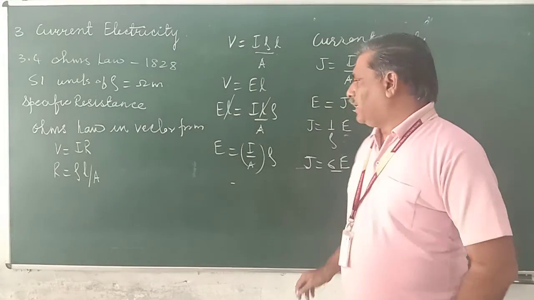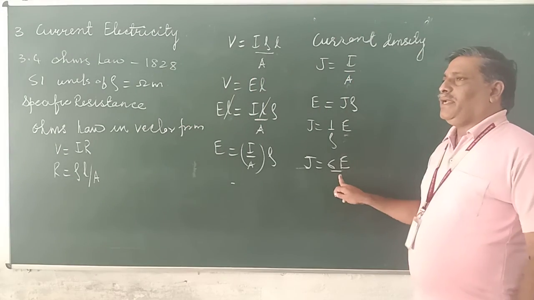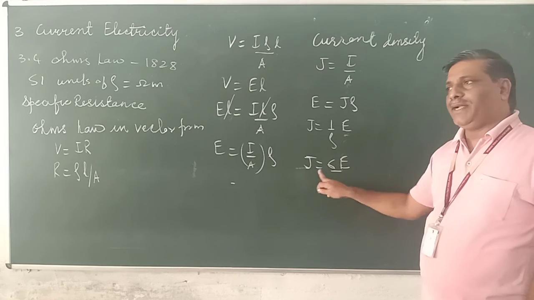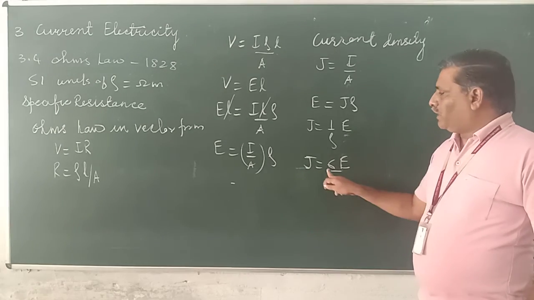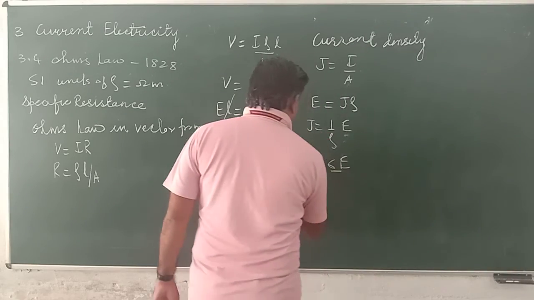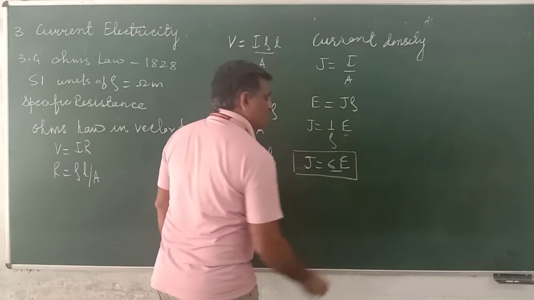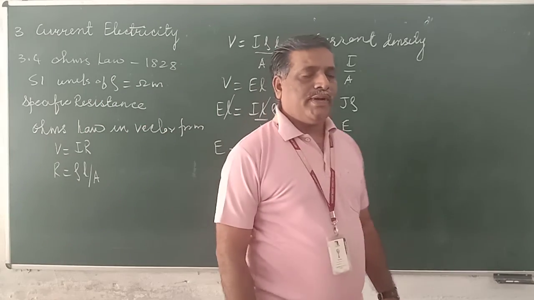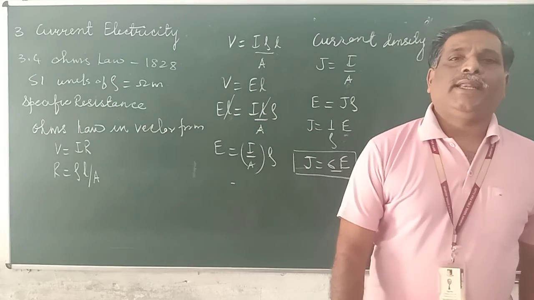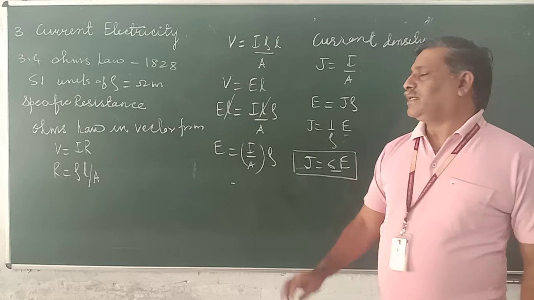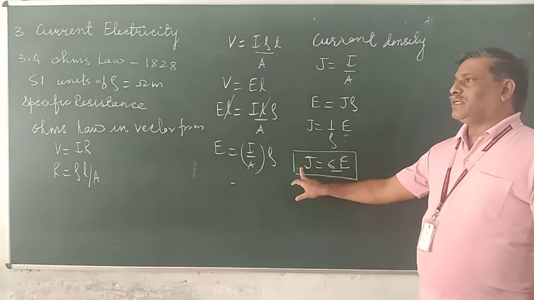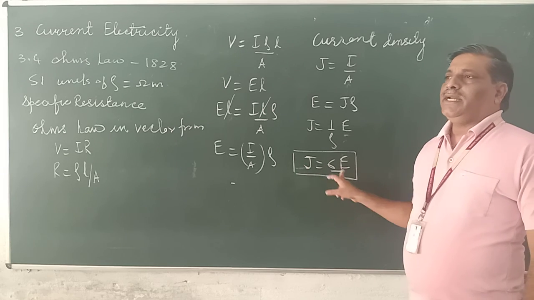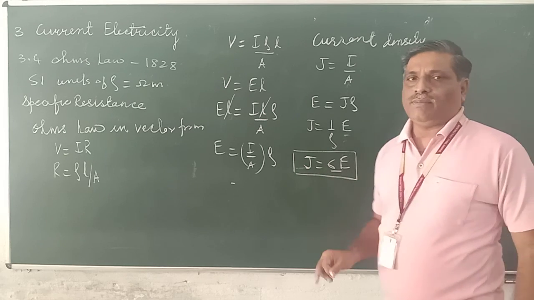Current density is conductivity times the field. J is a vector, E is a vector. So Ohm's law in vector form is J, the current density, equals conductivity into electric field or electric intensity. That's all about this. Thank you.